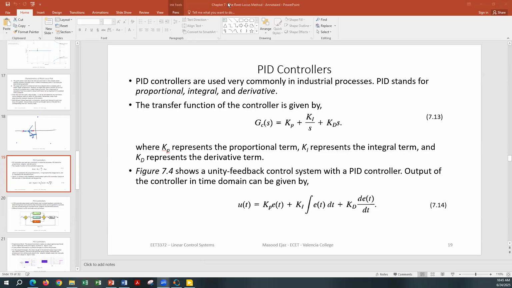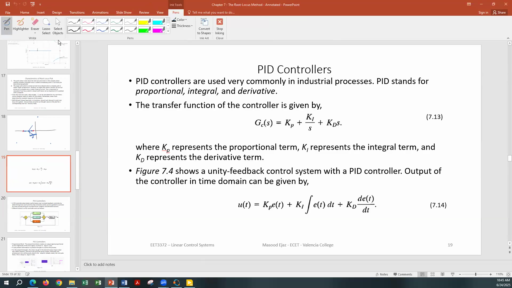Ki/s, remember this is the S domain, so this is the Laplace domain. So Ki/s corresponds to the integral of whatever function, and Kd·s represents your differential, d/dt, of u(t), whatever that is.